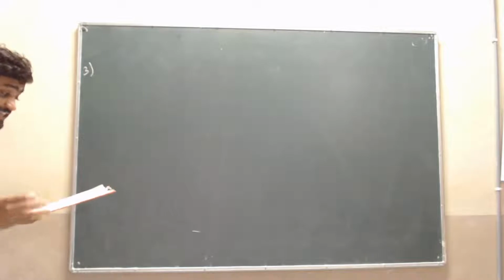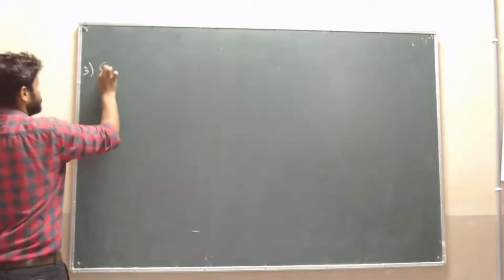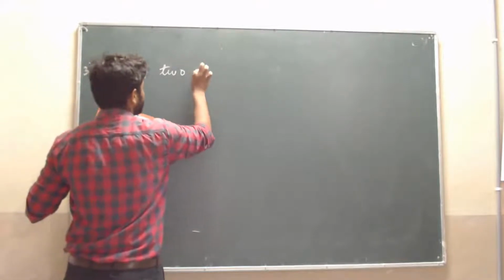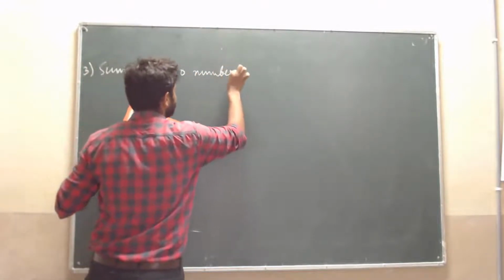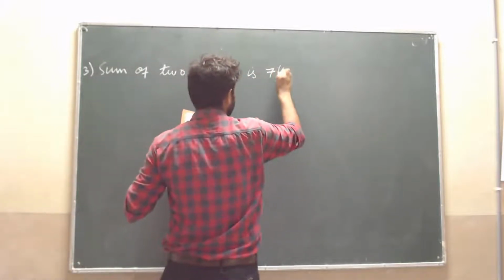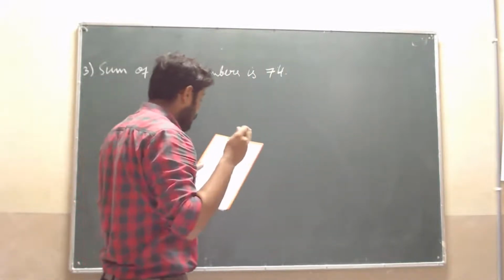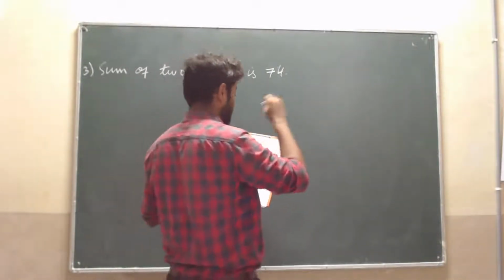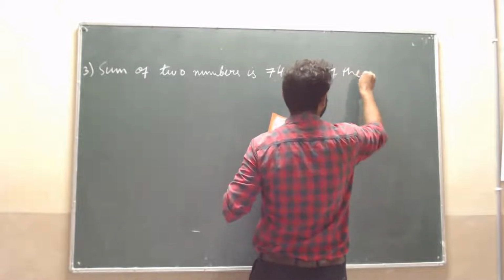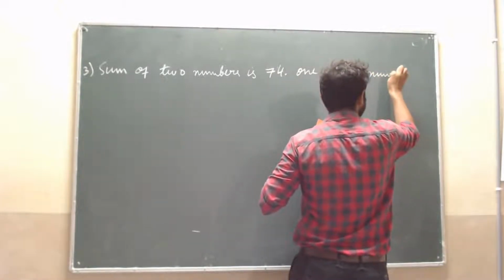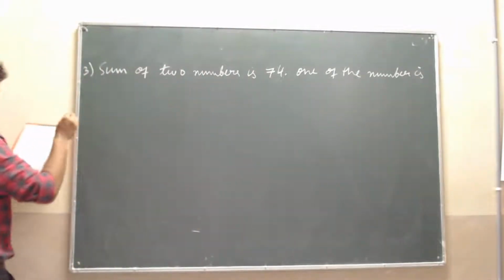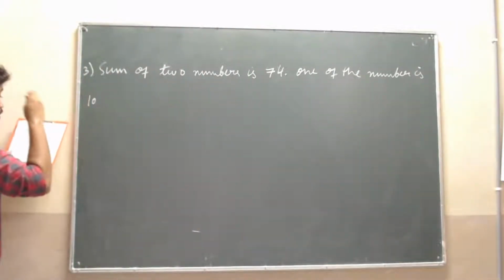Sum of two numbers is 74. One of the numbers is 10 more than the other.